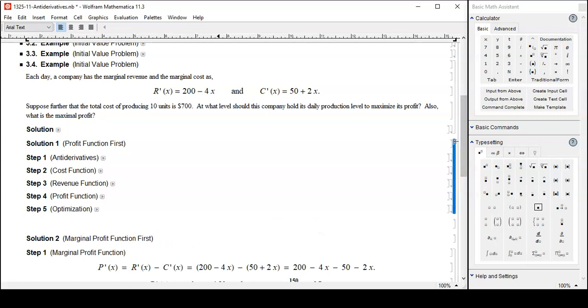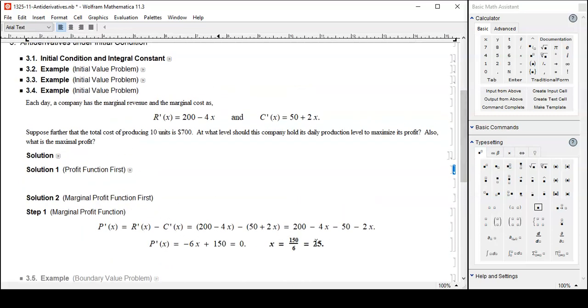But we didn't have to do any of those if you consider marginal profit first. R prime minus C prime, and then set that equal to 0. So for X, we have the optimal daily production level. Now, if the problem is asking only this, that would not have been any kind of problem. But I'm afraid we have to find out the maximal profit as well. So that's going to be a bit of a problem. Let's go ahead and do that.